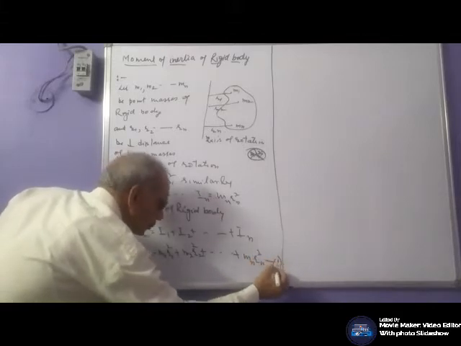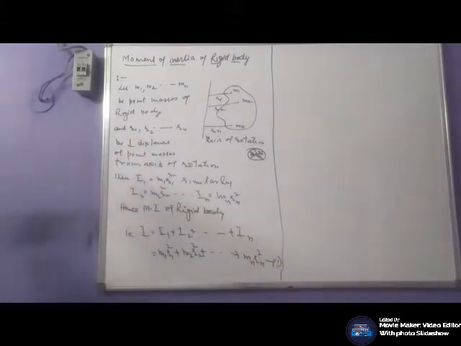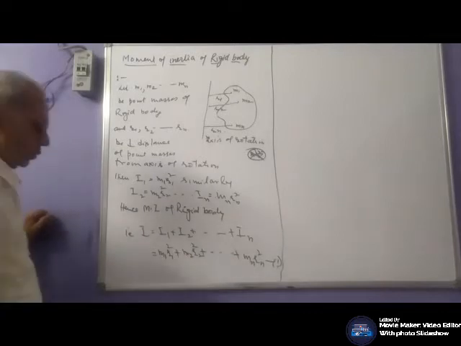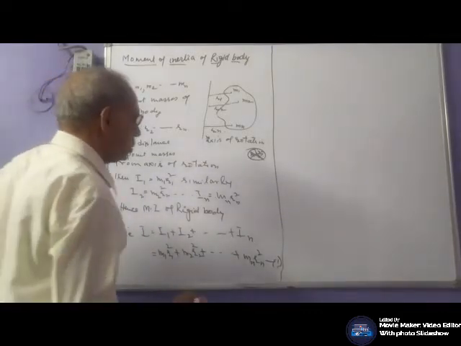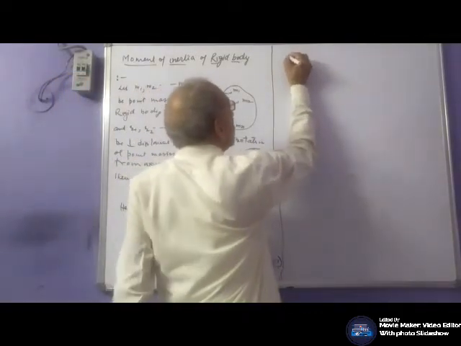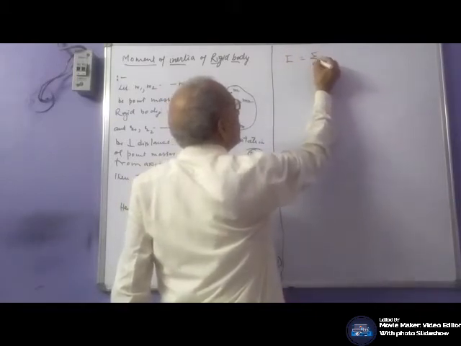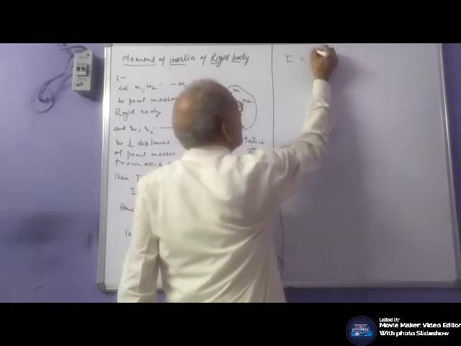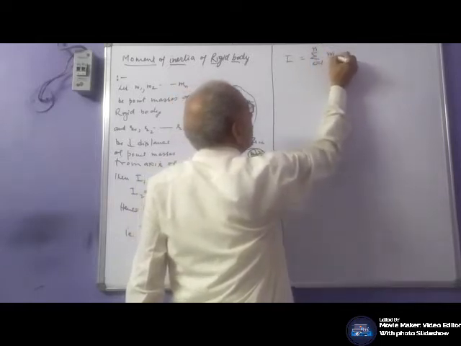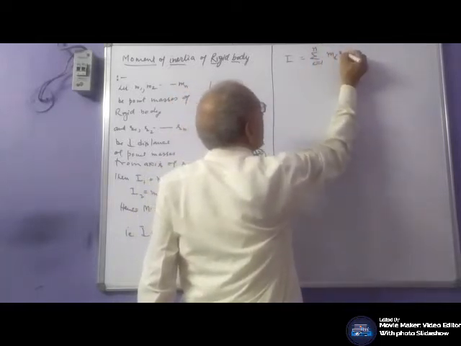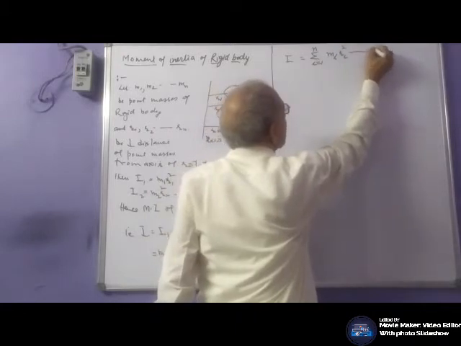This is number 1. Or I is sigma i equal to 1 up to n of mi ri square. This is number 2.